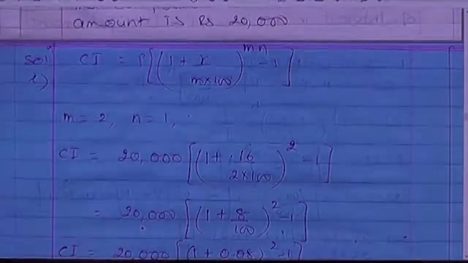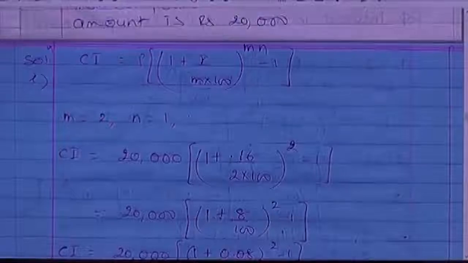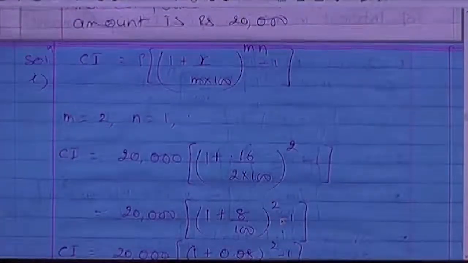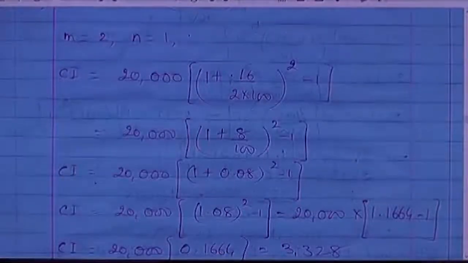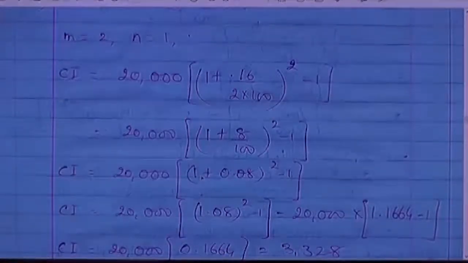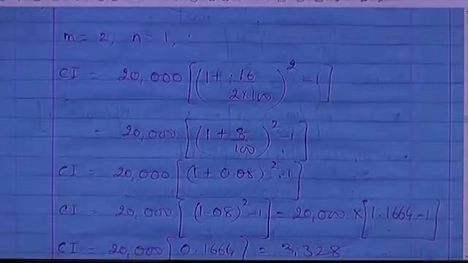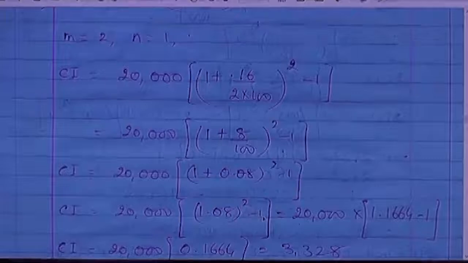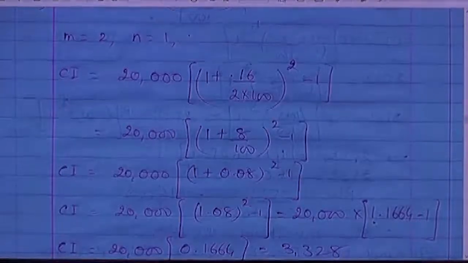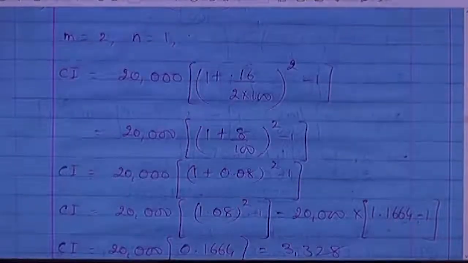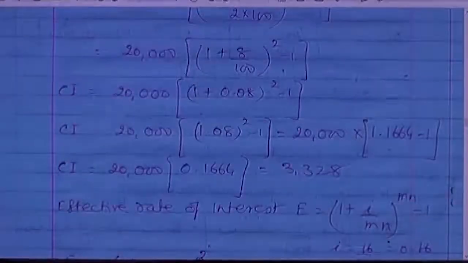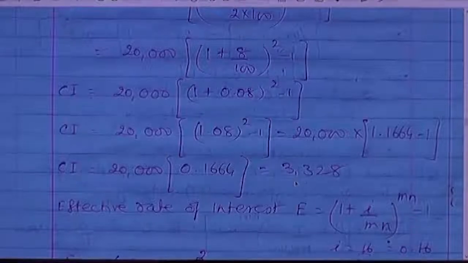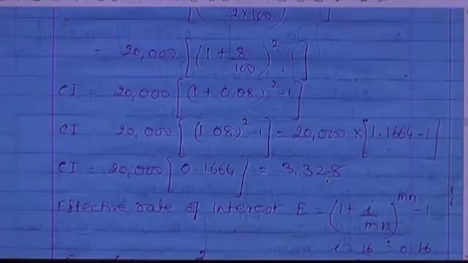So by simplification, we get 20,000 times 1 plus 8 upon 100 raised to 2 minus 1. So compound interest equal to 20,000 times 1 plus 0.08 square minus 1. So 20,000 into 1.08 raised to the power 2 minus 1 will give you 20,000 into 1.1664 minus 1. That gives us 20,000 into 0.1664, which is 3,328. So this is the compound interest.